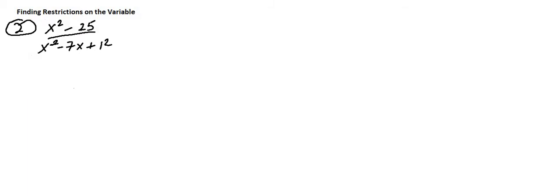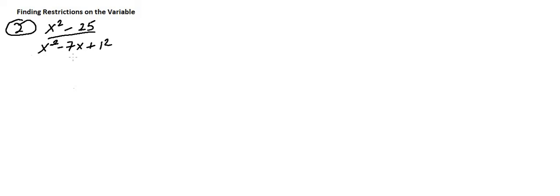So our second question is x squared minus 25 over x squared minus 7x plus 12.